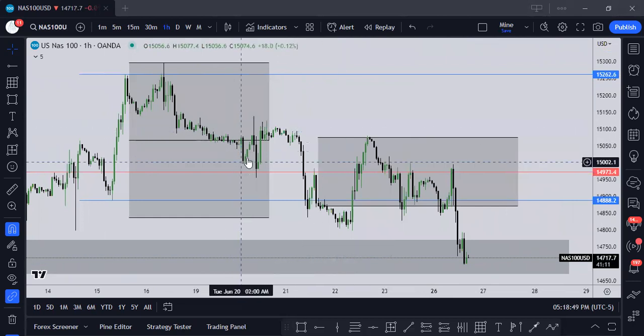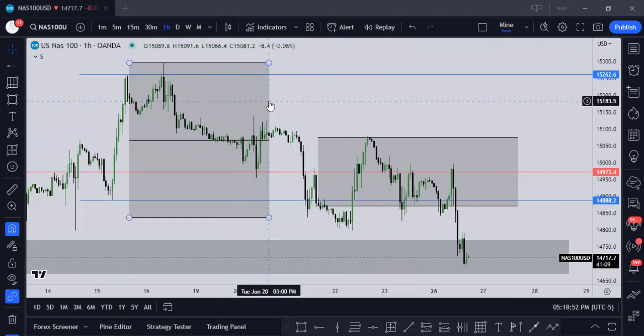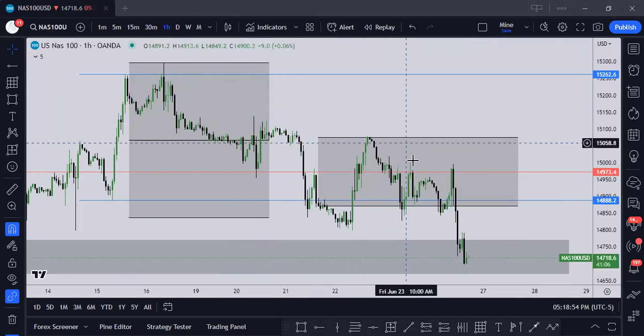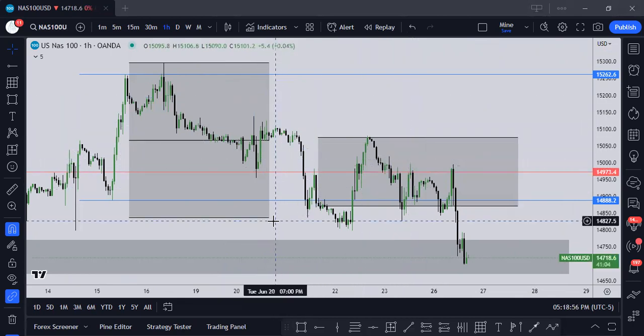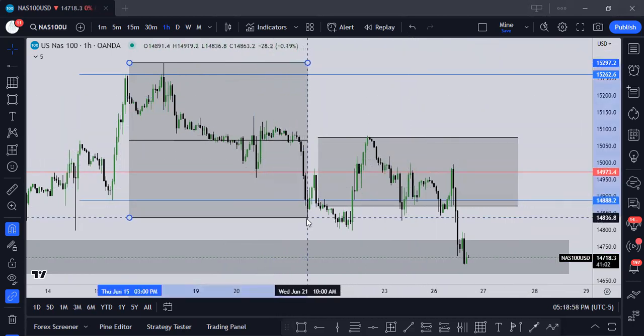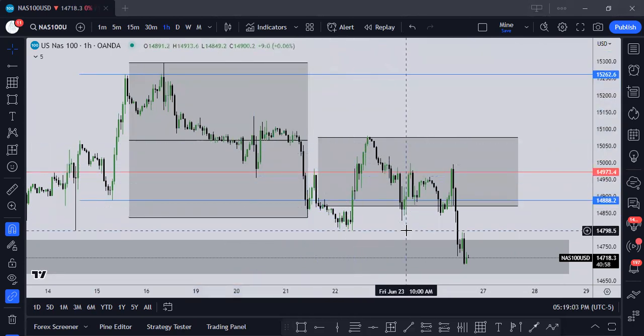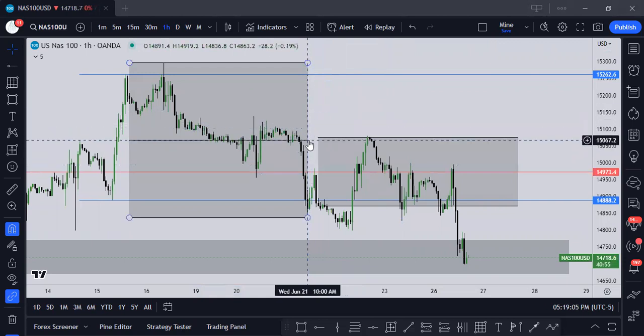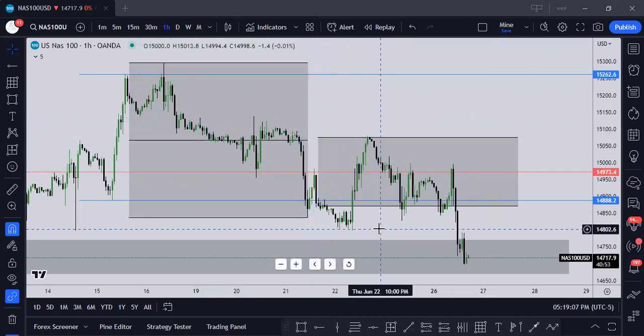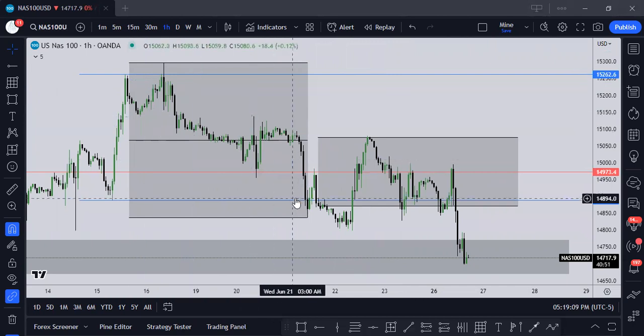So here's our dealing range. I don't think we need it for this day's trading, since after this low was created, we already retraced and then pushed lower, which means there's no more need for a premium run if we're going lower. All right, this is your dealing range.